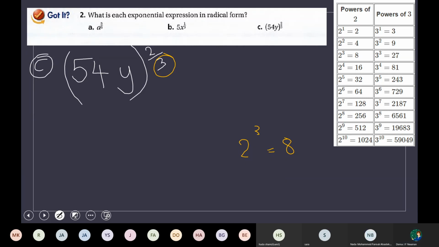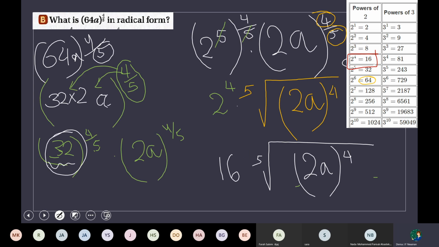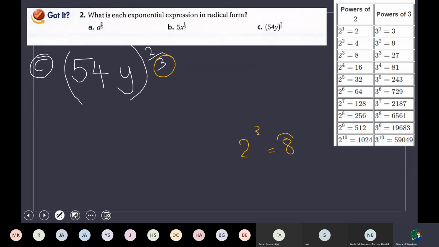Yes. Again, teacher, here we have 2 raised to the power 3, which is equal to 8. Now I will ask myself, like the previous one. In the previous one, I asked myself, how can I make 32 into 64? We said I will multiply 32 by 2. Here, what is the number that if I multiply it with 8, I will get 54? 8 times 5 is 40. 8 times 6 is 48. 8 times 7 is 56.